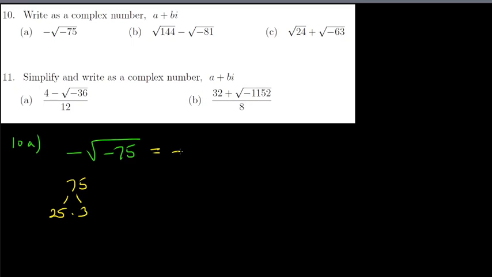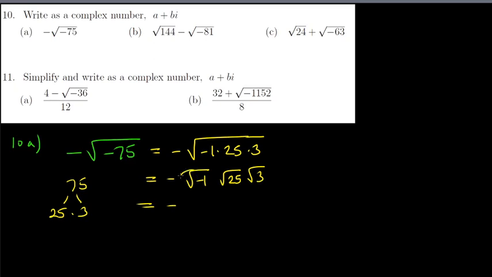Okay, so we can simplify this as negative square root of, well, negative 1 times 25 times 3. And we can split this up: square root of negative 1, square root of 25, square root of 3. So square root of negative 1, you should recognize that as the letter i. The square root of 25 is just the number 5, and the square root of 3 is just square root of 3.